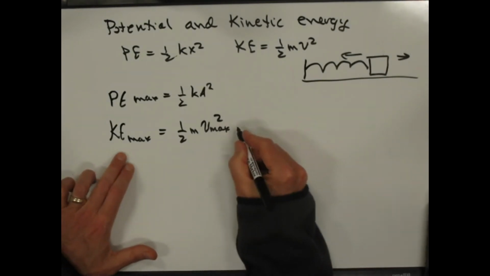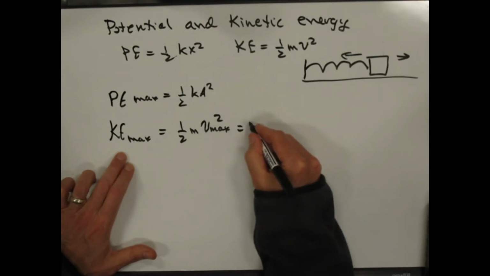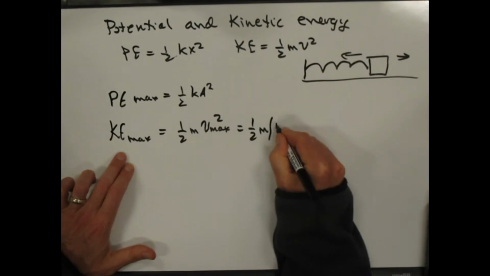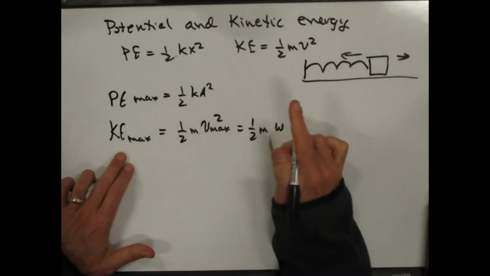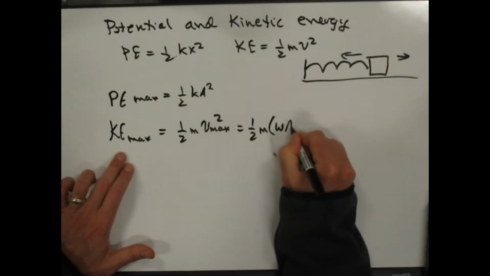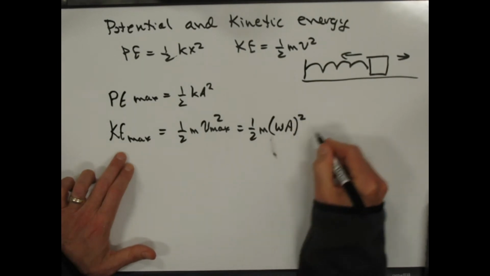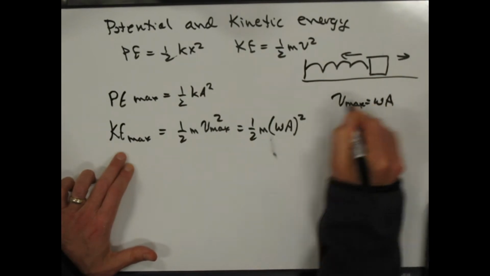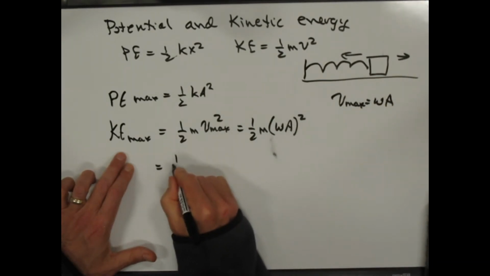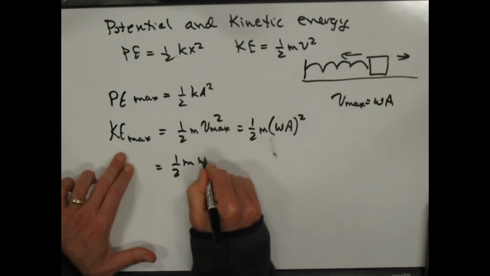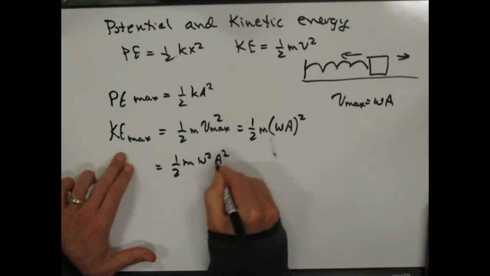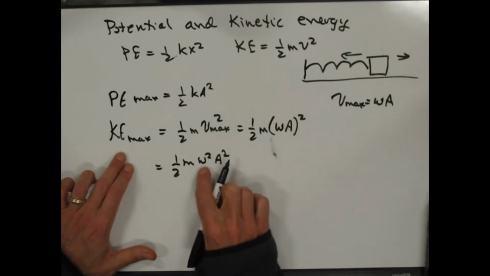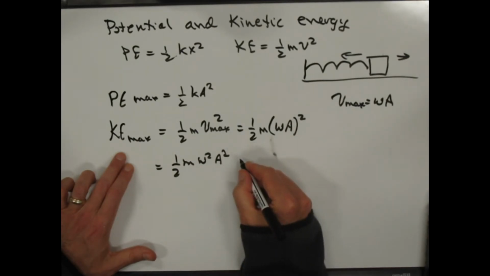That's the maximum this is. But we already said last time that v max is just omega times the amplitude. And so that's 1/2 m omega squared A squared. That's the maximum kinetic energy. But we just said a minute ago that omega squared times m is just k.